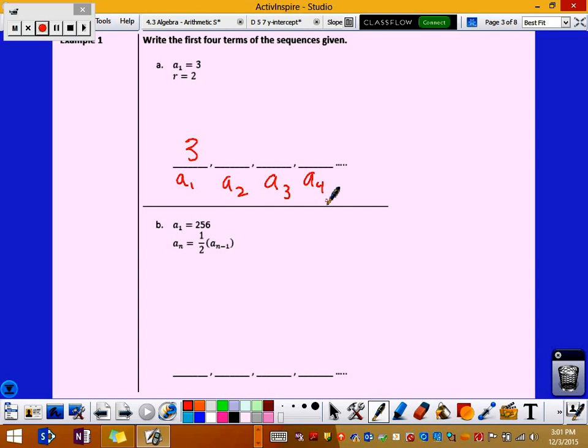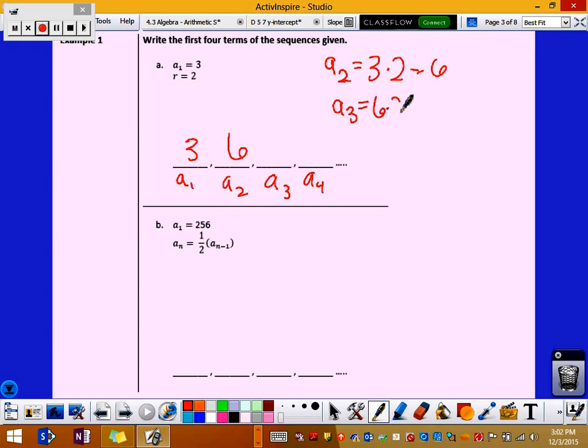So what we need to do is multiply. If our first term is 3, our second term is going to be 3 times 2, which gives us 6. So we can write 6 on our line. If our second term was 6, we need to multiply again by 2 to get the next term.